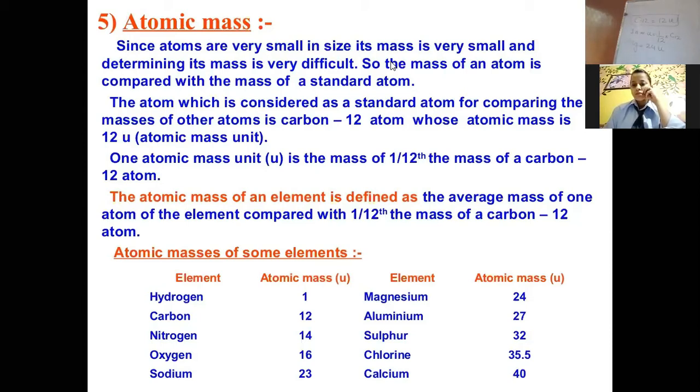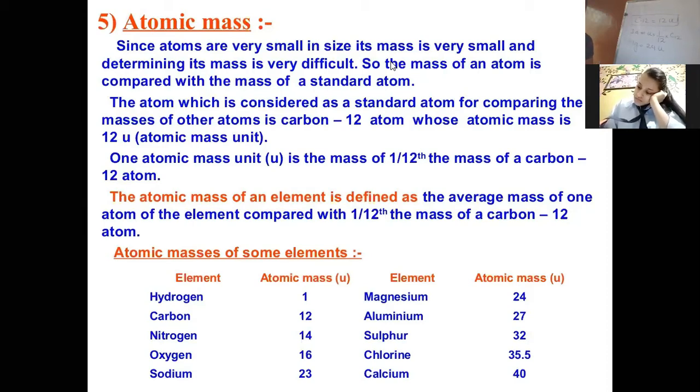It means that magnesium is 2 times heavier than 1 by 12th of C12, because this mass has to be compared with 1 by 12th of C12. So this is how we can say what is atomic mass unit.